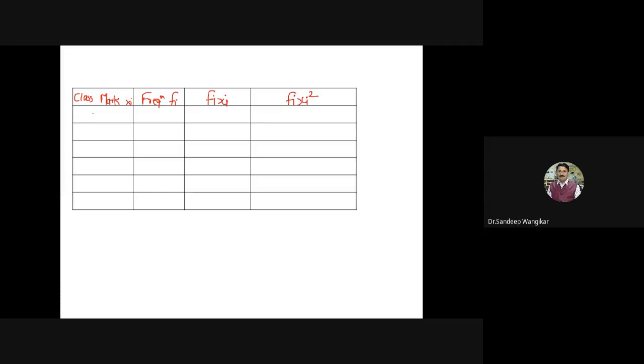So let us have this: 270, 290, 310. I will substitute the values here, friends. Very first 270, then 290, 310, 330, 350. I request you to write so that we proceed simultaneously.